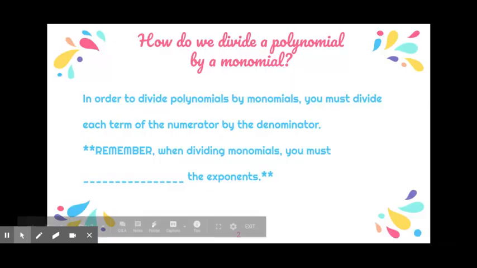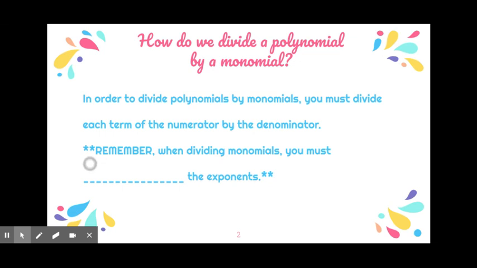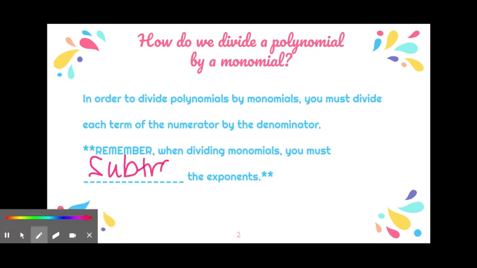Here we go. So when we divide a polynomial by a monomial, we are going to divide each term of the numerator by the denominator. So just remember, when dividing monomials, you must subtract the exponents. Okay, but also we have to remember to divide the coefficients.